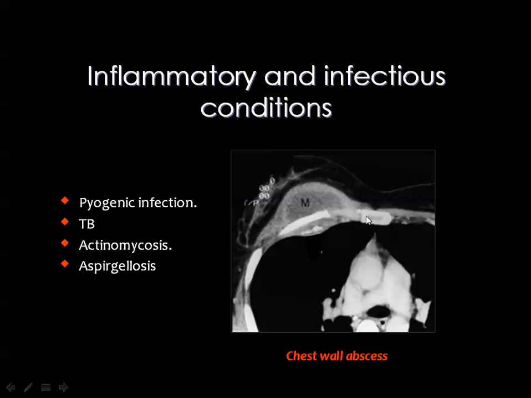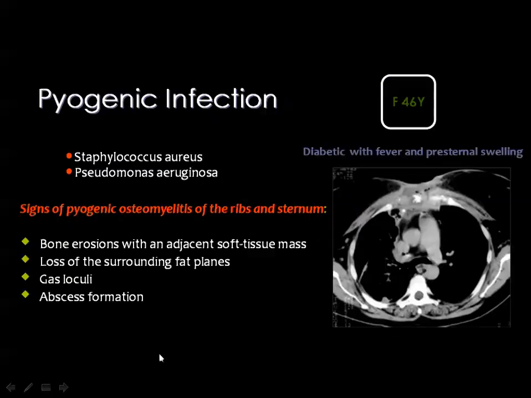And the role of imaging, in my opinion, is to assess the intrathoracic extension of such lesions, where if the lesion is totally outside the chest, the management is almost easy, while intrathoracic extension may need more sophisticated techniques for management.